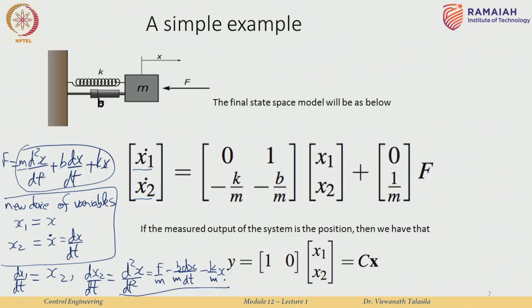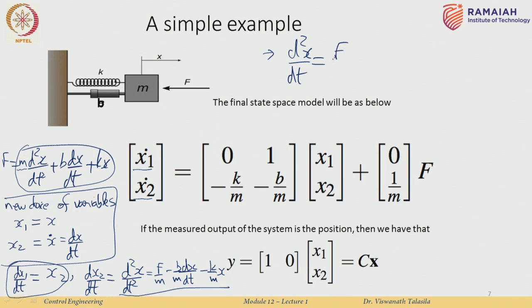Now, if you look at the first equation over here, you see that I have expressed x1 in terms of x2. What I would like to do now is to express x2 also in terms of x1 and x2, if possible. So let us see how to do that. We have this d square x by dt square, and you can see that I have this term f by m, that is obviously a constant or the independent input, it does not depend on the states.